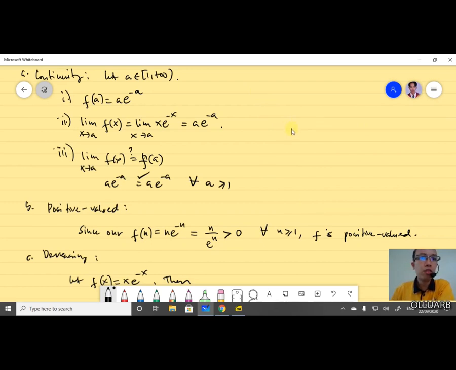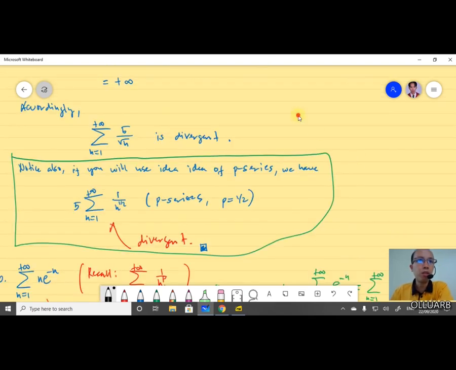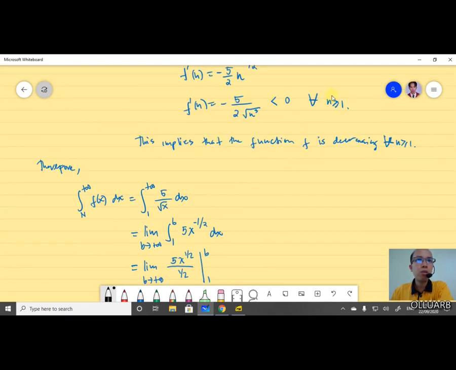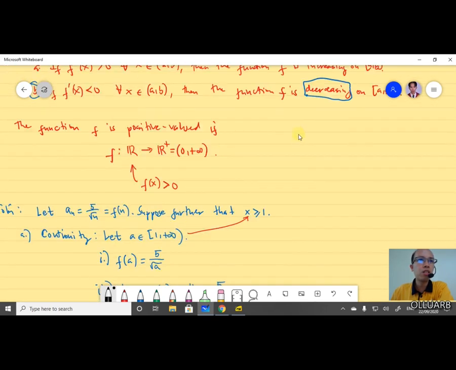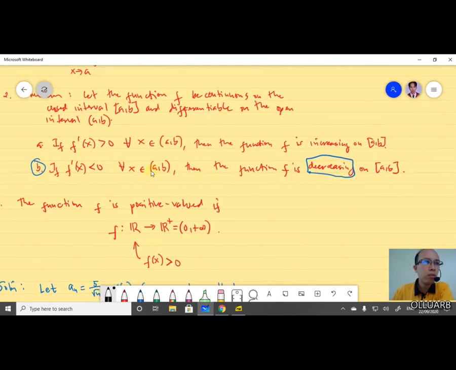Look at the definition. I think I have to correct myself. If you look at the definition, it says that it must be on this interval, and the conclusion is decreasing on this interval.